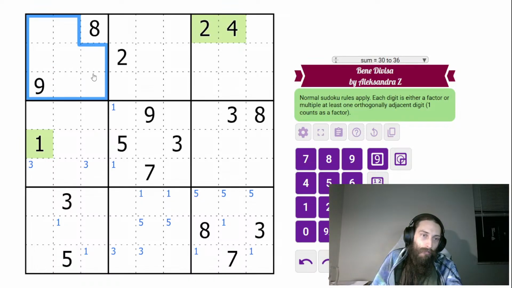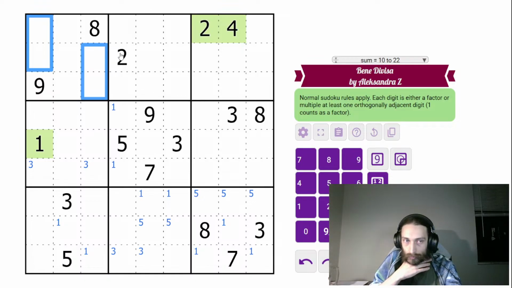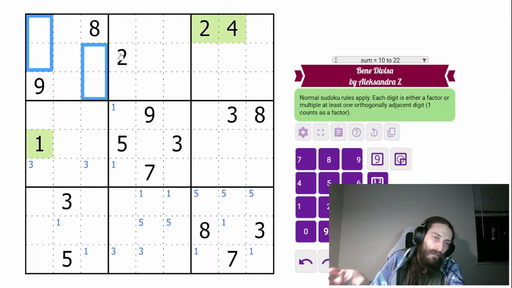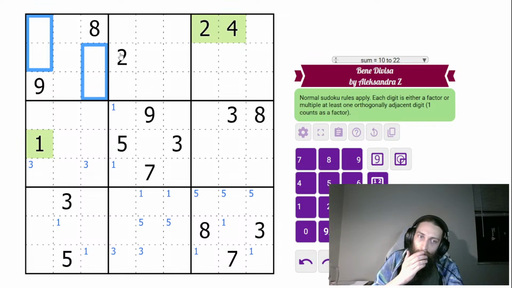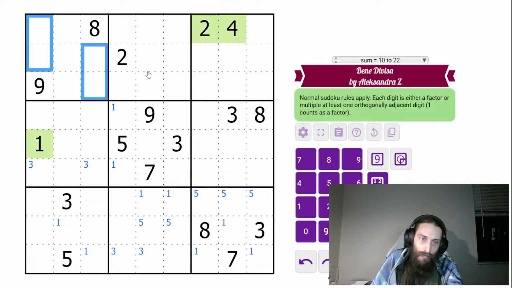Now, how about 5 in box 1? It's not in the middle. But it doesn't necessarily mean that much. 5 there.